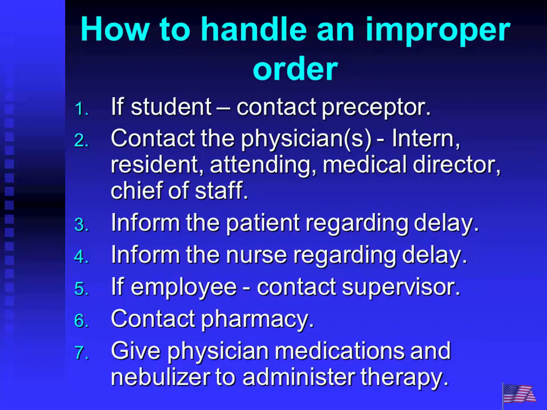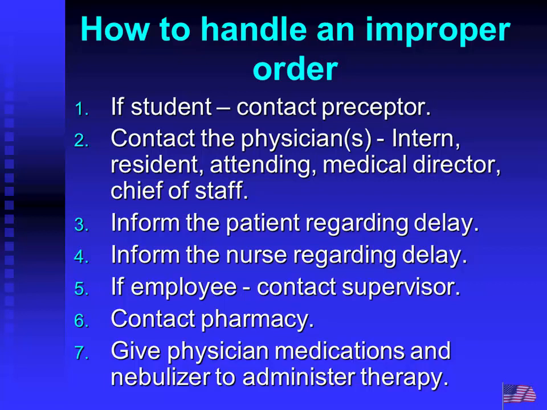So what do you do if you come across an improper order? And Lori probably went through this, but just let me briefly go through it again. As a student, you're going to contact your preceptor. Don't take anybody on at that point. Contact a physician. If it's an intern, talk to them. If you don't get response from them, you go up the chain.